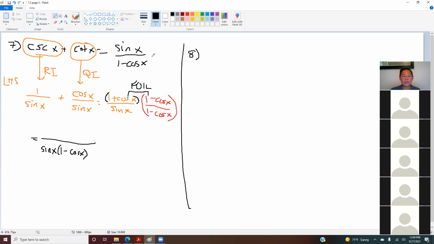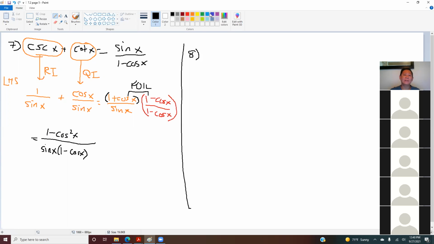The hint I always tell students: if you see 1 plus and you get 1 minus, usually it's a conjugate. So you will get 1 minus cosine square x. Not plus, because the plus and minus give you negative.